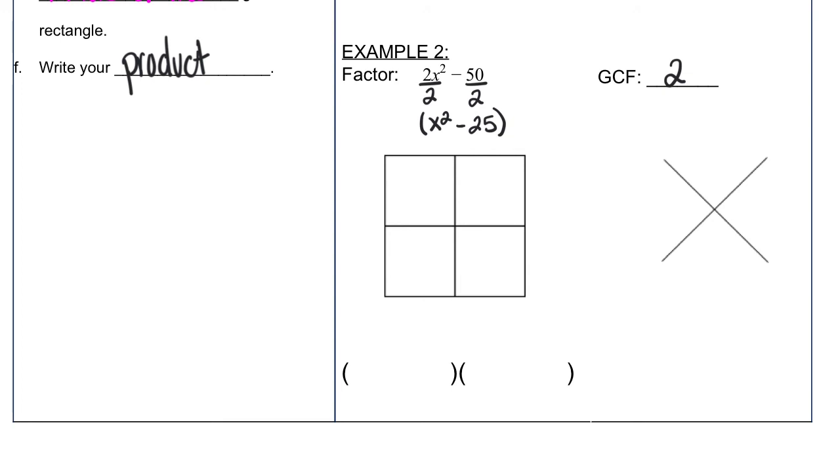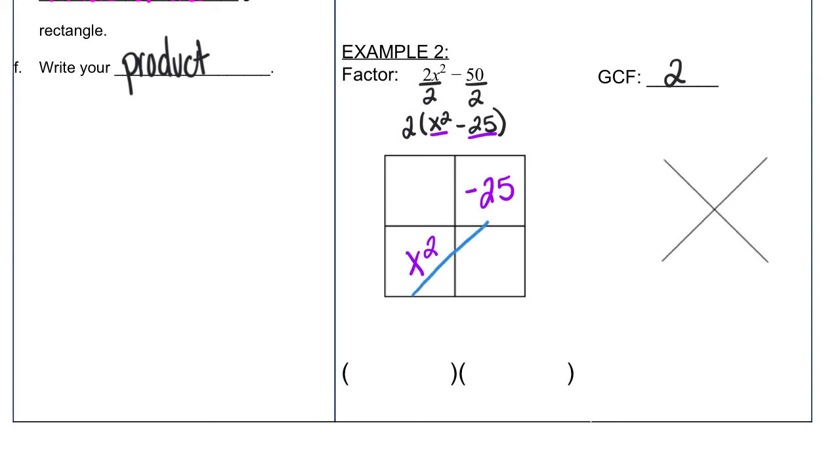And then my GCF is going to go out in front. The next step is to fill in your 2 corners with the information that you know. So I'm going to put the x squared in the bottom left and my negative 25 in the top right. Don't forget that negative.